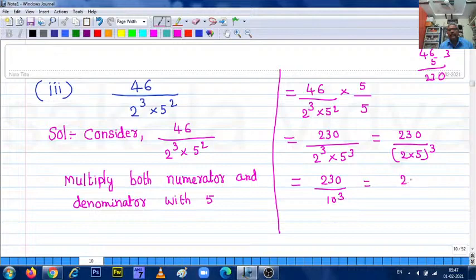This we can write 230, how many points? 3 points. 1, 2, 3. Put the point here. So 0.230, and a 0 after the decimal digits is not valid, you can remove this 0. 0.23. So therefore 46 upon 2 cube into 5 square equals 0.23.